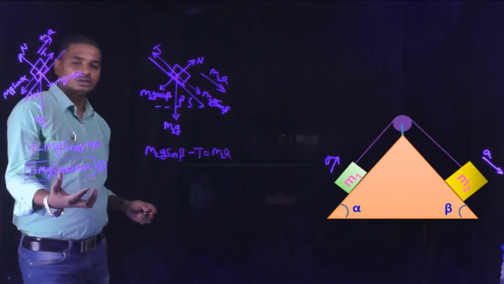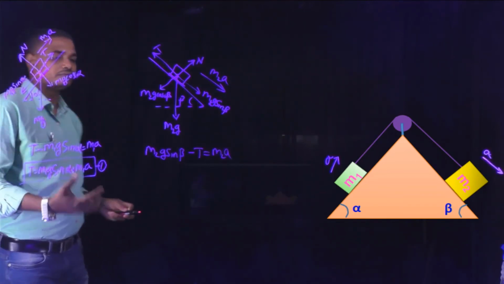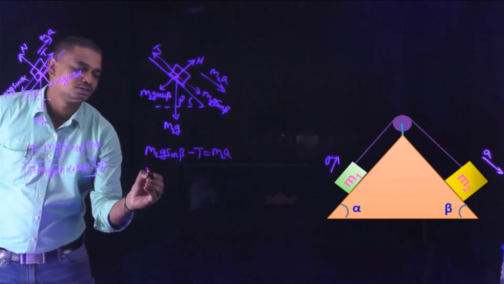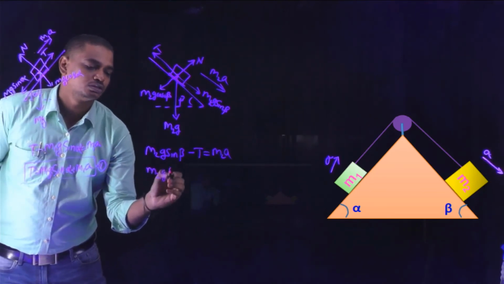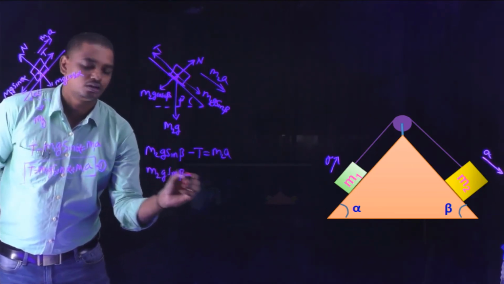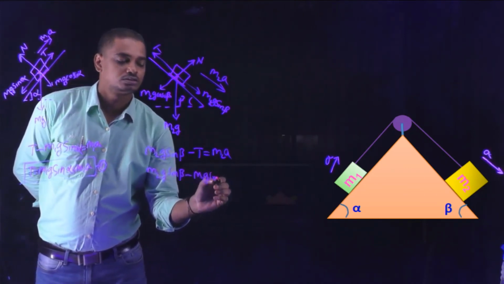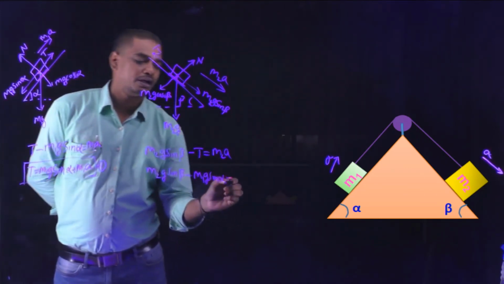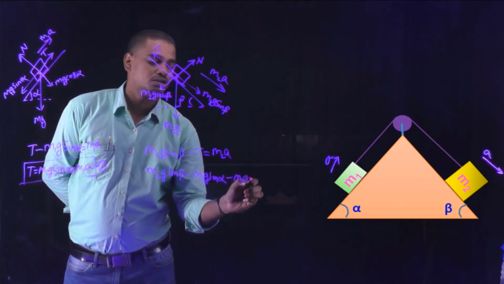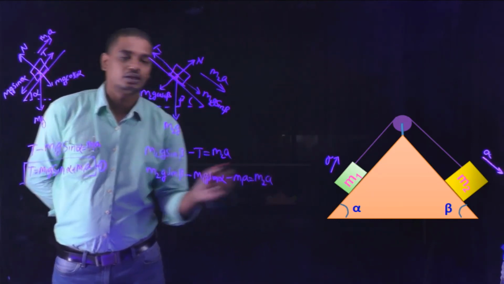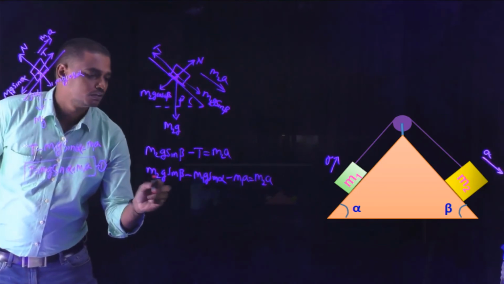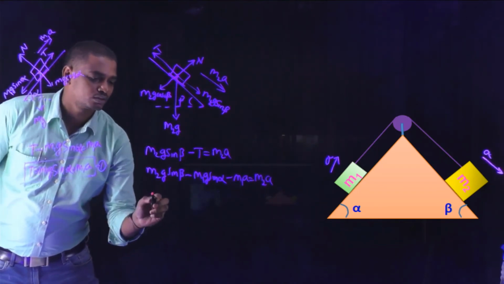Now, by substituting the value of tension in the string from equation 1, it can be written as m2g sin beta minus (m1g sin alpha minus m1a) is equal to m2a. Therefore, g can be taken common.